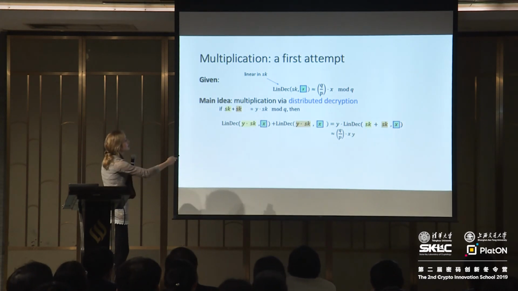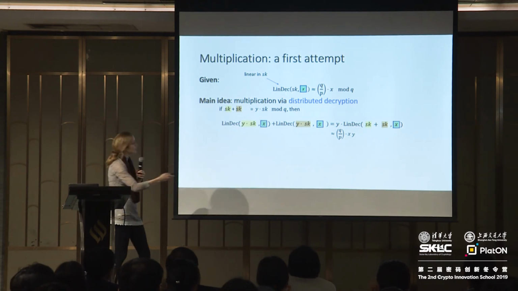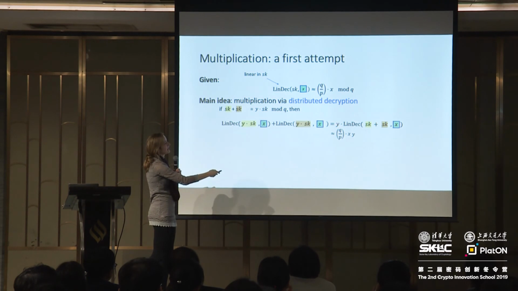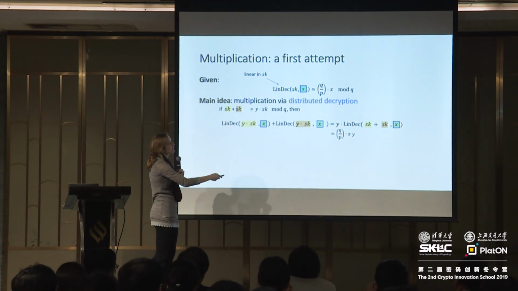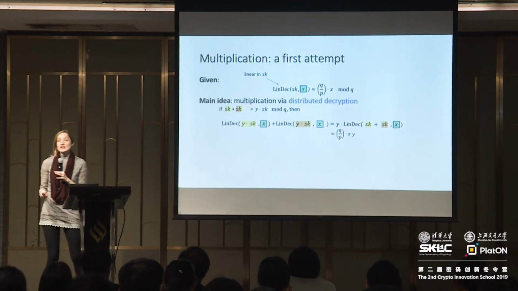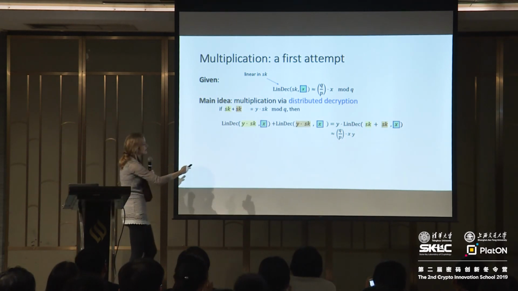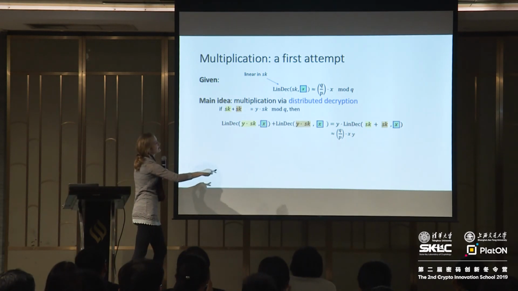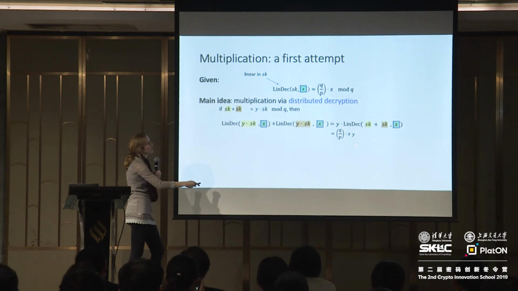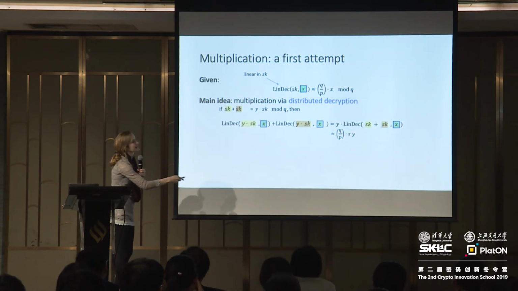Again, this function is linear in this position, and this y is just some constant value, so it pops out the front. I get what I had before, and now this is what I had before times y. So this is almost what we want. What this is saying is essentially, if I do this, and you do this, then what we're getting is almost additive shares of something related to x times y.